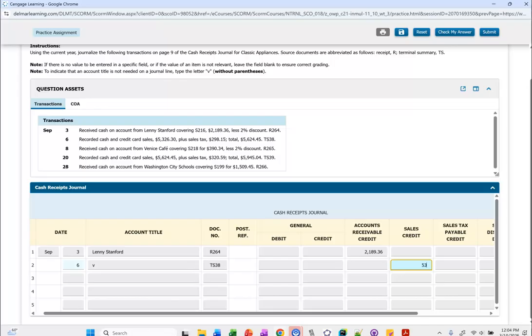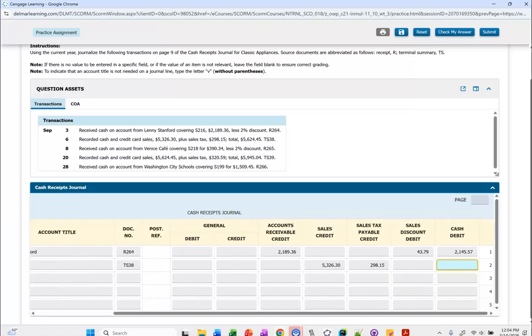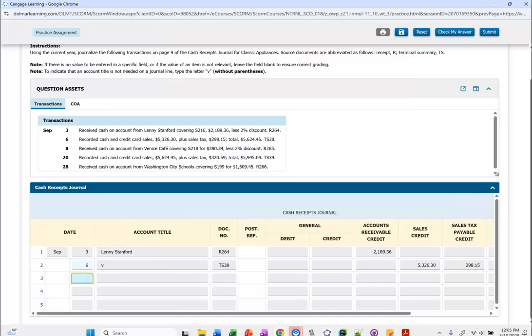So 5,326.30. And then the sales tax was 298.15. And the total cash that came in was the sum of those two numbers. It tells me that's 5,624.45. Is everyone okay with that transaction?